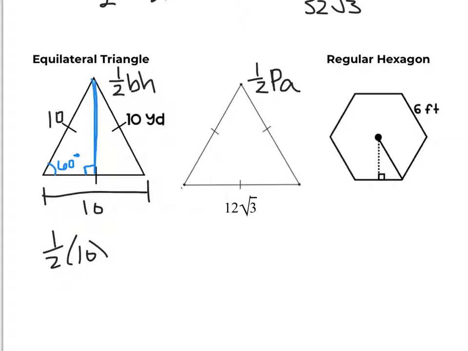So this becomes the exact same problem we've now done 3 times in this video. Okay, there's my right triangle. If my hypotenuse is 10, my short leg is 5, and my side opposite the 60 degrees is 5 square root 3. So half of 10 is 5, times 5 is 25, so 25 square root of 3.